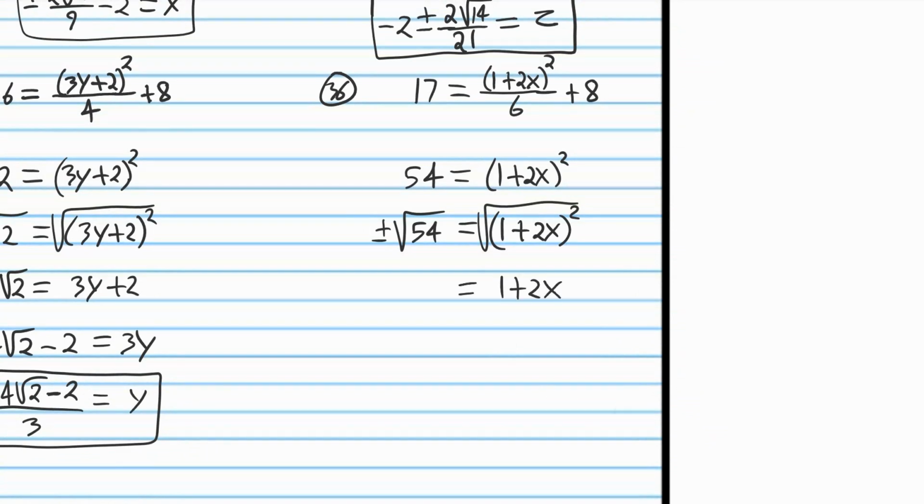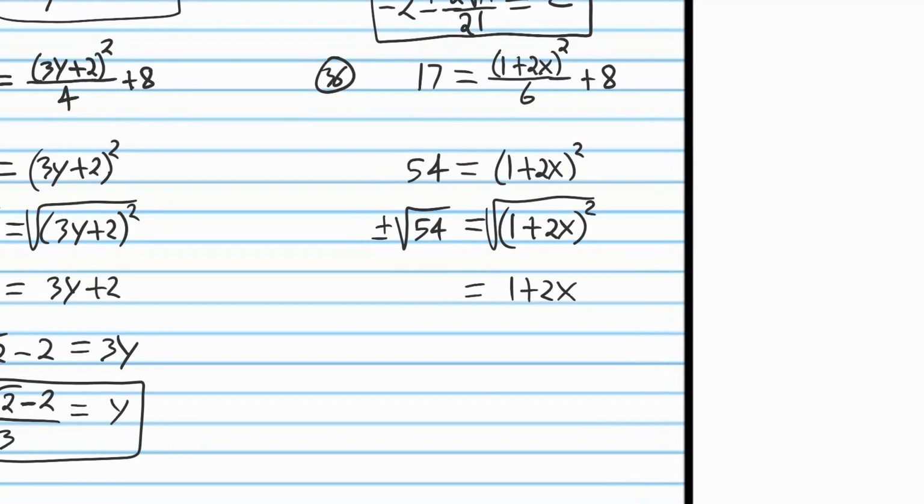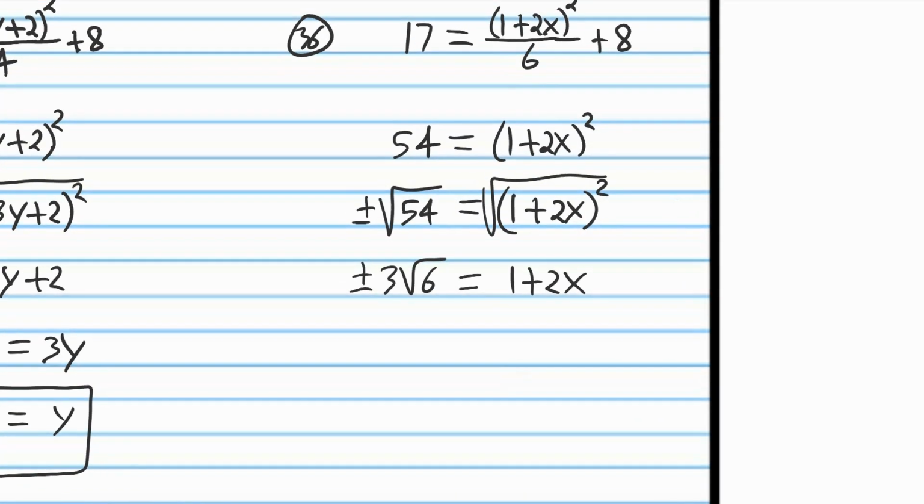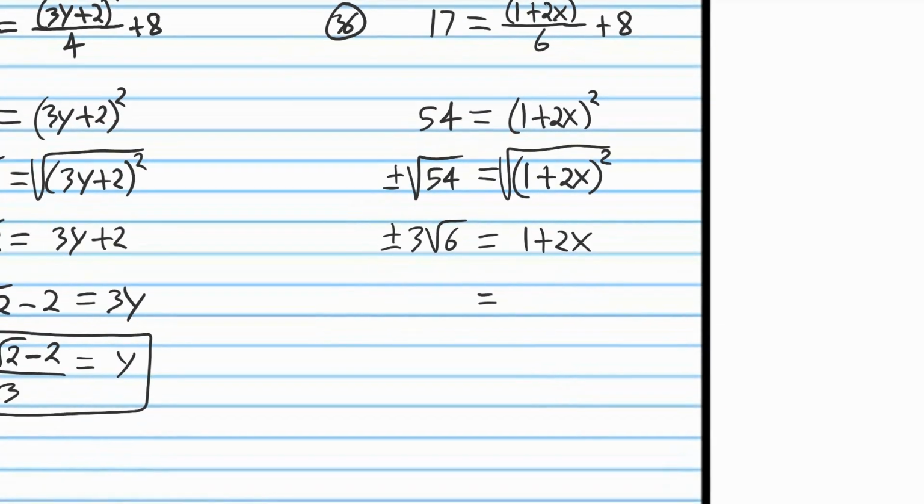We have to pull out the perfect square in 54. 54 is 9 times 6, so 9 comes out as a 3. Then we have to subtract 1 from both sides.